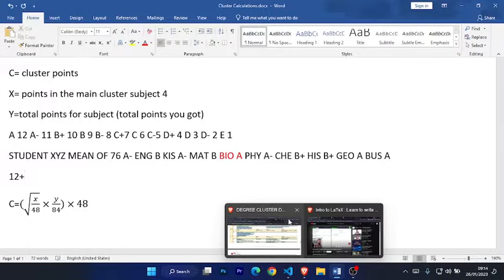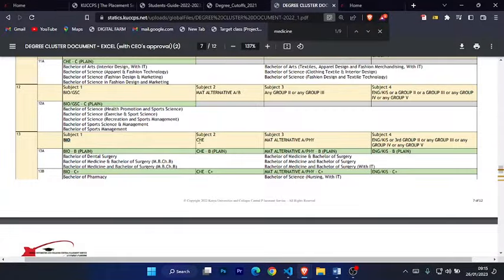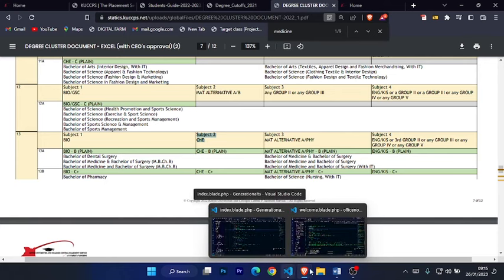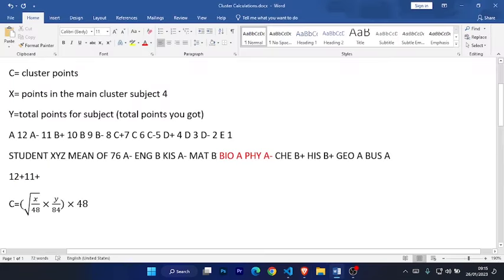We go to the second subject. For medicine here, subject 2 is chemistry, as you can see. So we come here and say subject 2 is our chemistry. We had a B plus in chemistry. Sorry for the confusion. Subject 2 is chemistry.